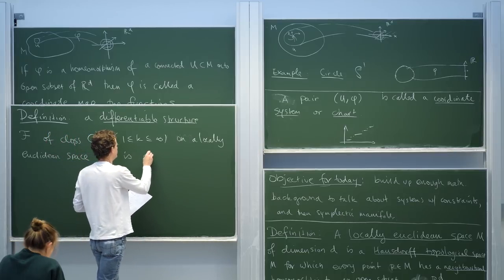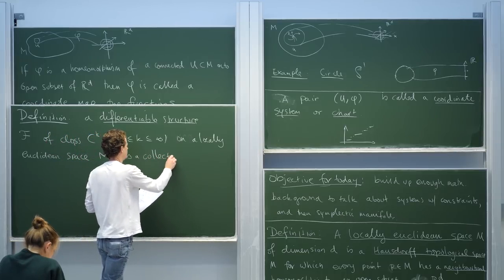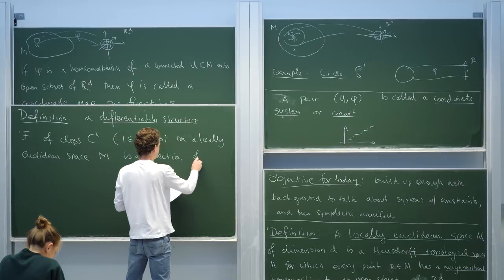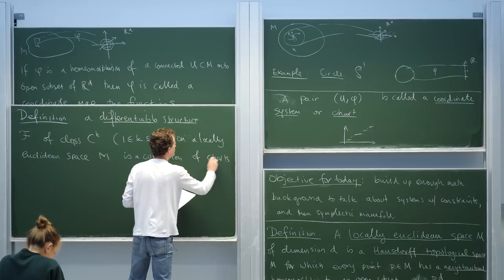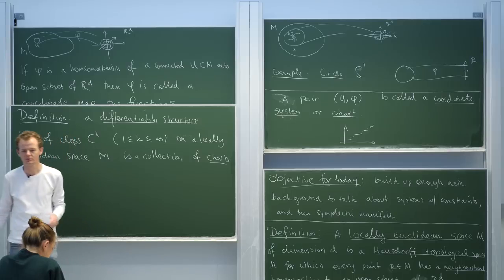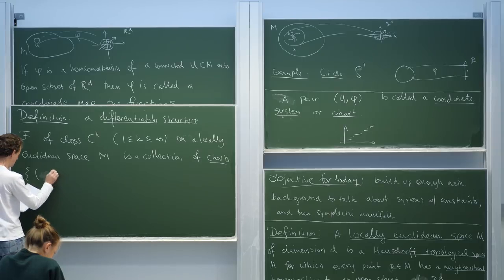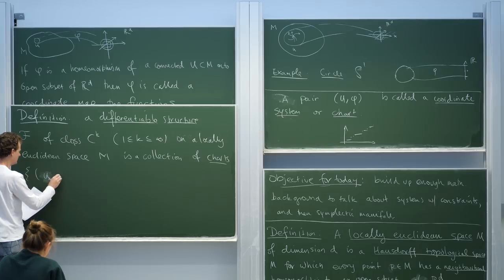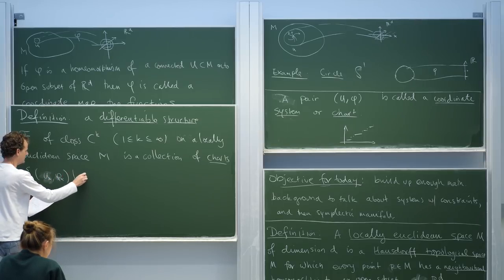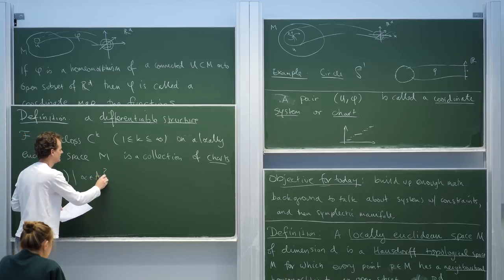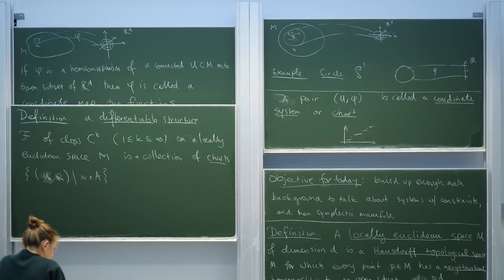It's a collection, a bunch of charts. I just write charts instead of coordinate systems because it's shorter to write. It's a bunch of charts now, not just one anymore, but lots: U alpha, phi alpha. And these alphas are running in some indexing set A. It might be a finite set, it might be an infinite set, it might be an uncountably infinite set of charts.